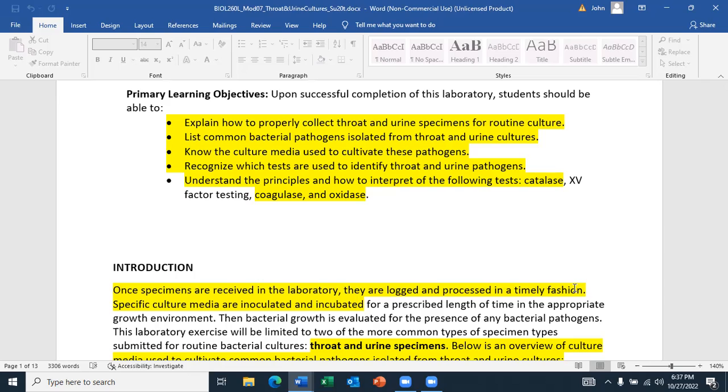Recognize which tests are used to identify throat and urine pathogens. And then lastly, understand the principles and how to interpret the following tests: the catalase test, the coagulase test, and the oxidase test. We will talk about the XV factor testing, but you don't need to really understand it or interpret it. I mean, I'm not going to test you on it.